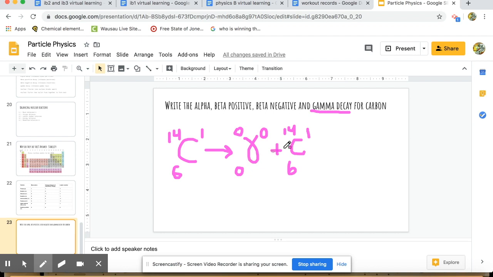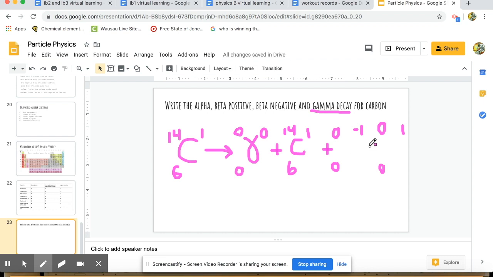No. Technically, I could add in other things in here too that would work as long as a gamma particle is in here. So it could be maybe a 0, 0, -1. But then I have to balance it out with a 0, 0, +1.